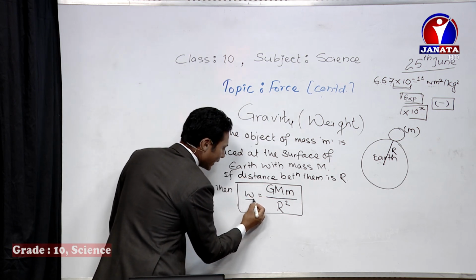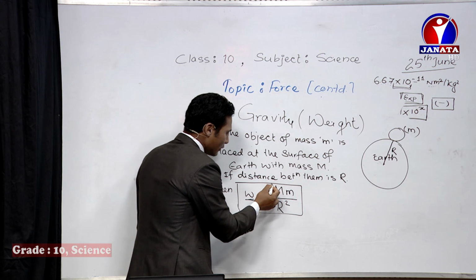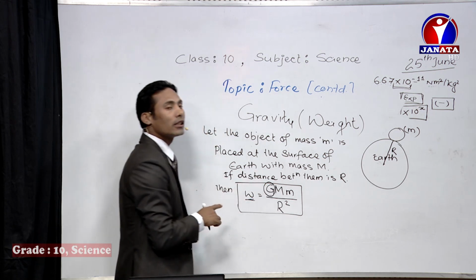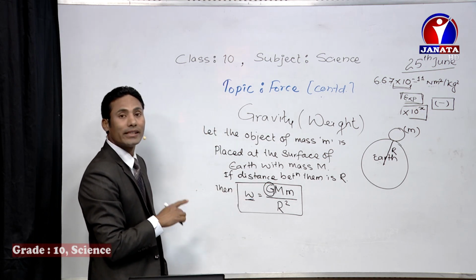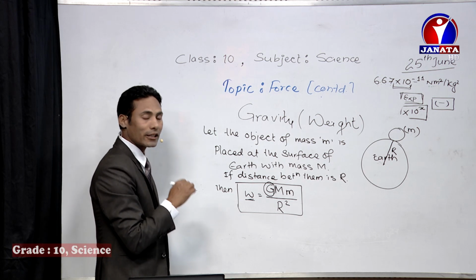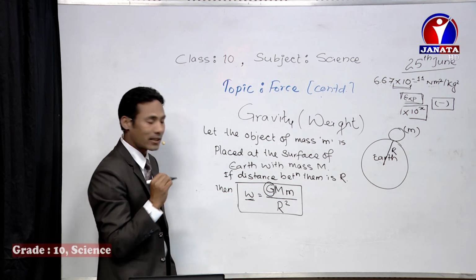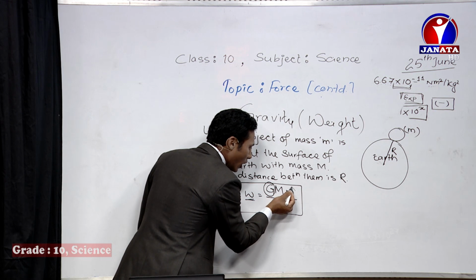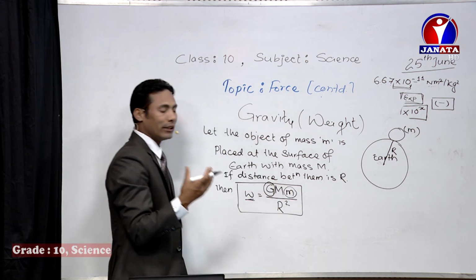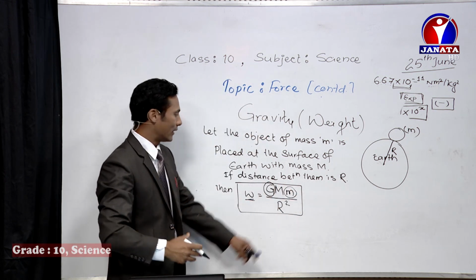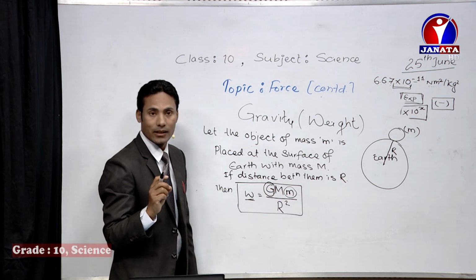Now, this capital G is a universal constant. Everywhere the value is the same, right? It is a gravitational constant, so the value is constant. So this small object m also, if we take the object to different places, then this mass is also constant, isn't it?